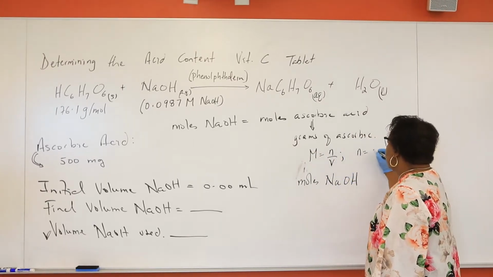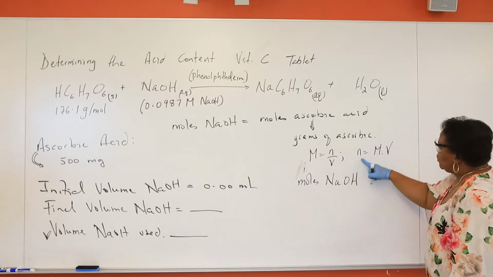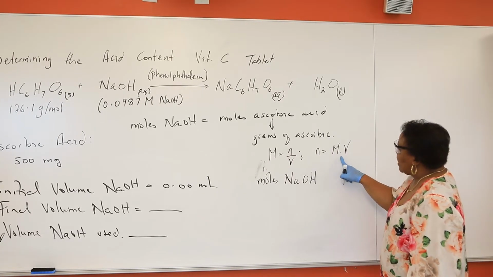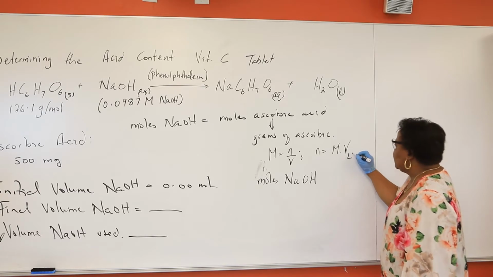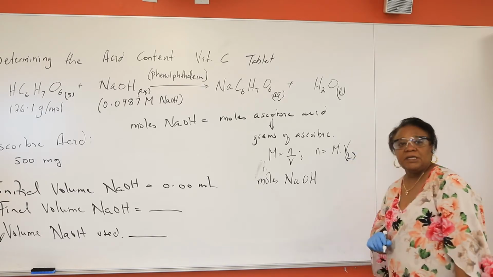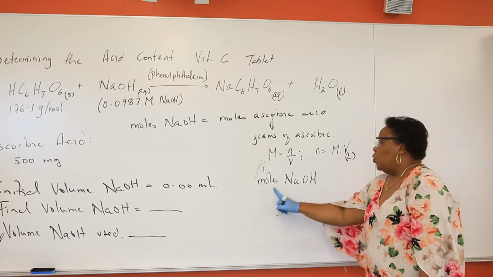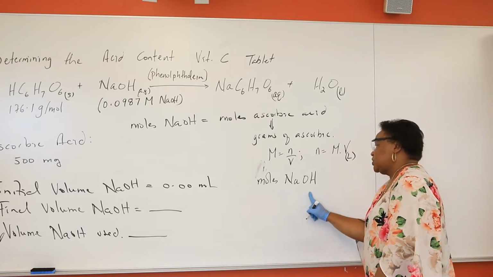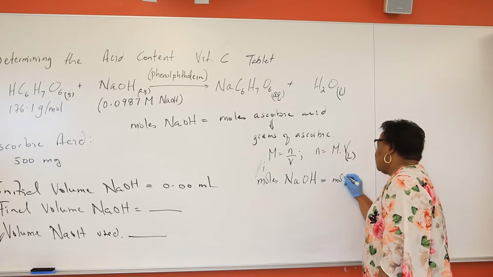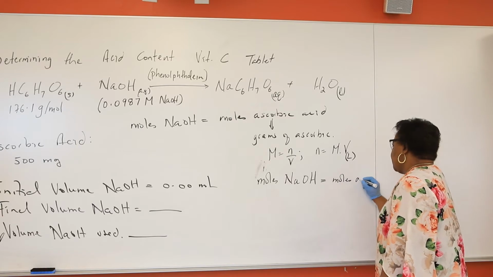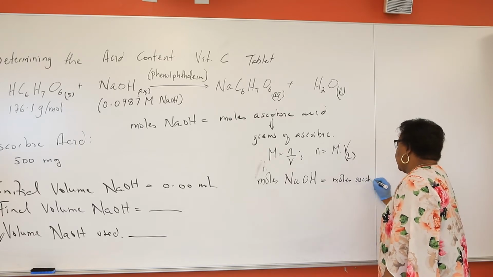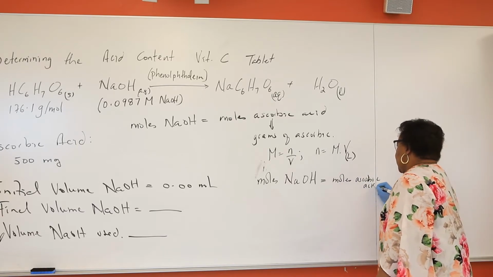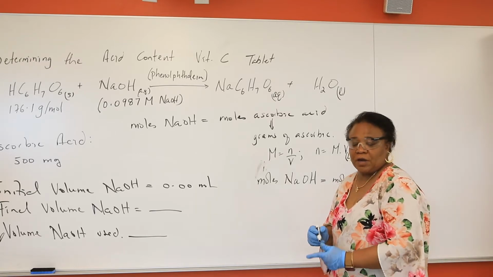If you rearrange that equation, we can determine the number of moles, because moles is molarity times volume. But do not forget that that volume has to be in liters. Once the moles of sodium hydroxide is known, then you'll also be able to predict the moles of ascorbic acid, and then later convert that to grams.